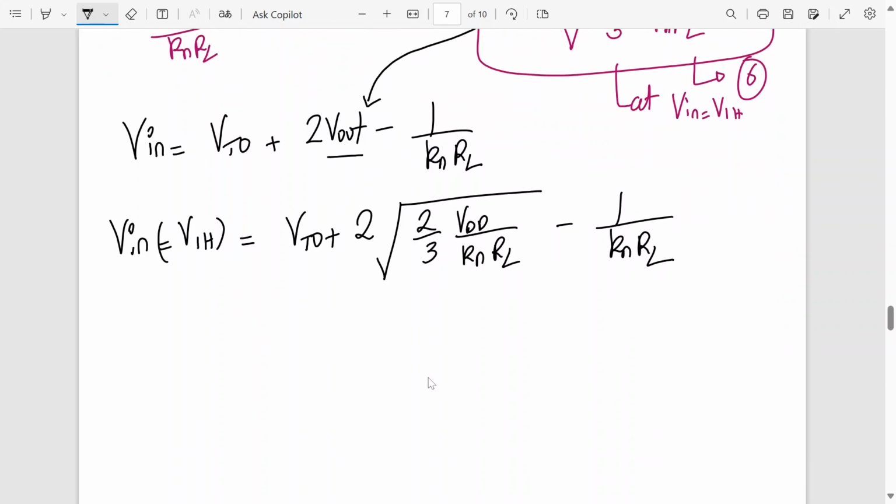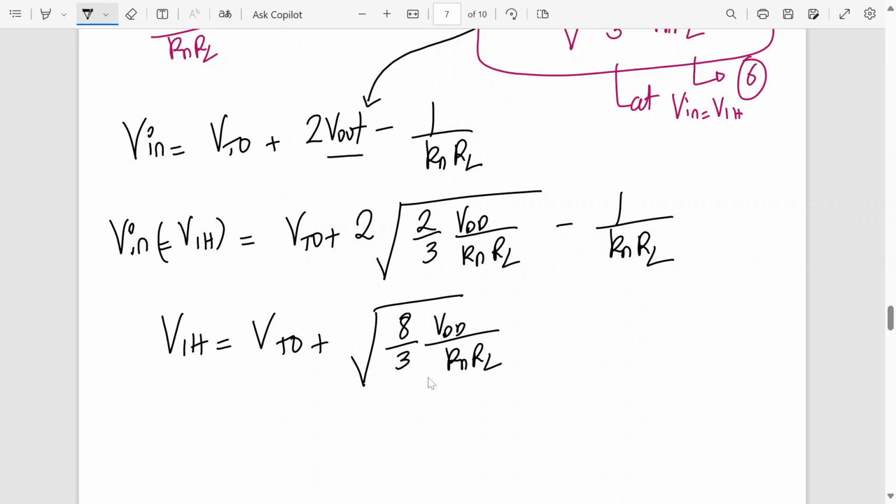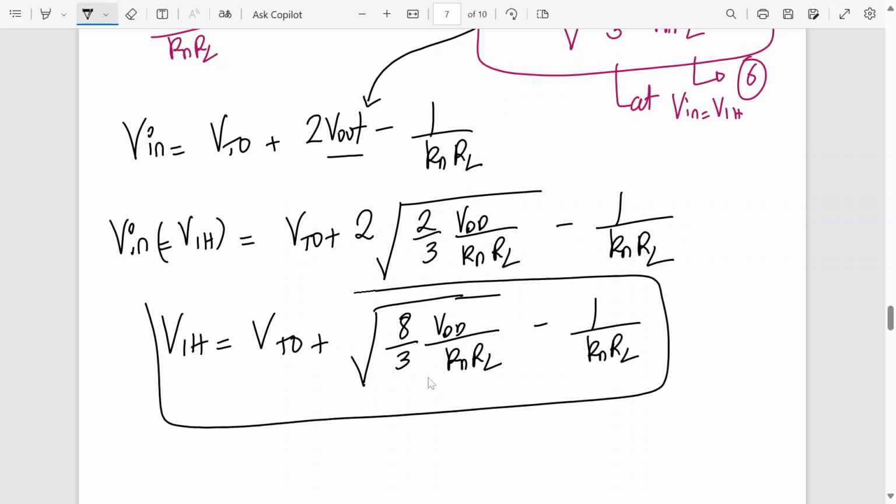If I take this inside, it will become square root of 8 by 3, so VIH is VTO plus square root of 8 by 3 VDD upon Kn into RL minus 1 upon Kn into RL. This is my final expression for VIH, which we call equation number 7. I know it's very lengthy, but that's the only technique we can follow to arrive at this step.